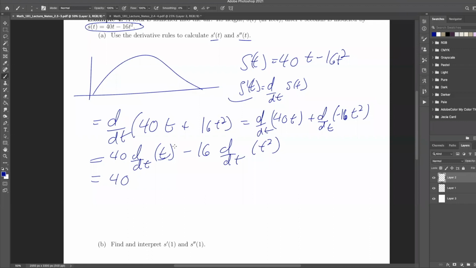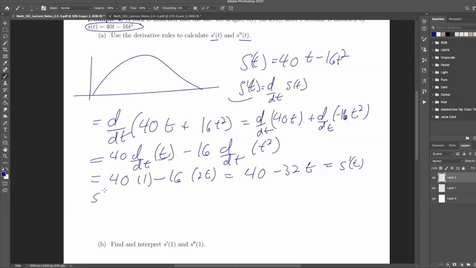Here's the same thing for d dt of t. This is just 1. Minus 16 here, I'll pull the 2 down, so this becomes 2. And 2 minus 1 becomes 1, so t. And so this is just equal to 40 minus 32t. Okay, then this is equal to my S prime of t.